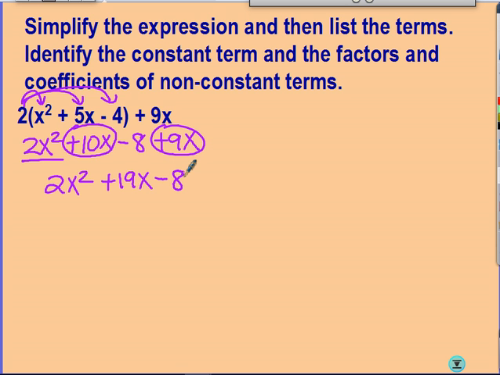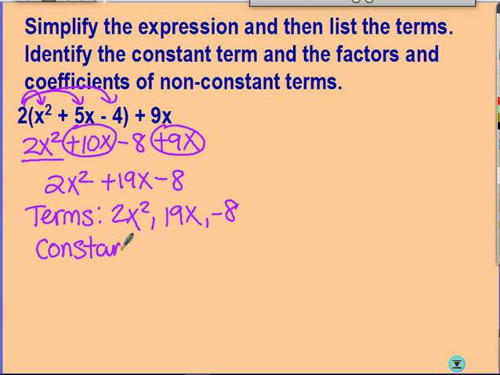The terms of this expression are the following. The constant term in this example is negative 8. The non-constant terms in this example are 2x squared and 19x.